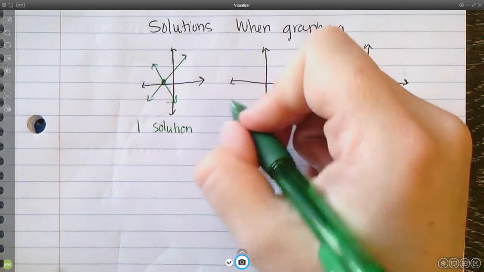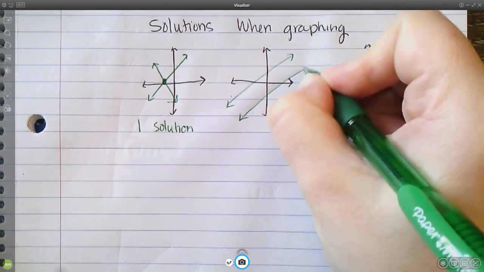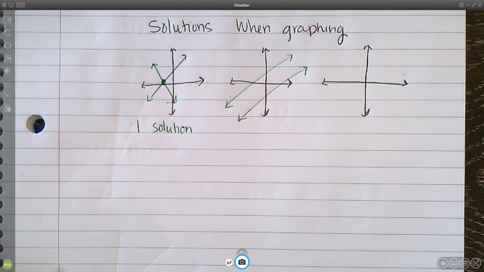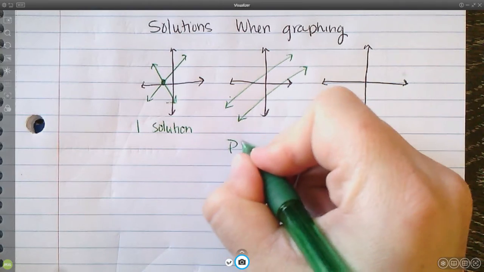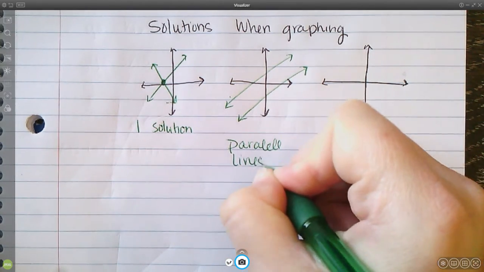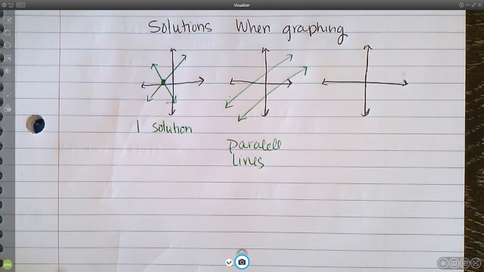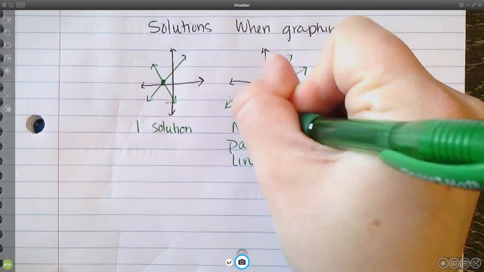Your second choice is when they look like this. So these are parallel lines. If you have parallel lines, how many solutions do you have? None. So this is no solution.